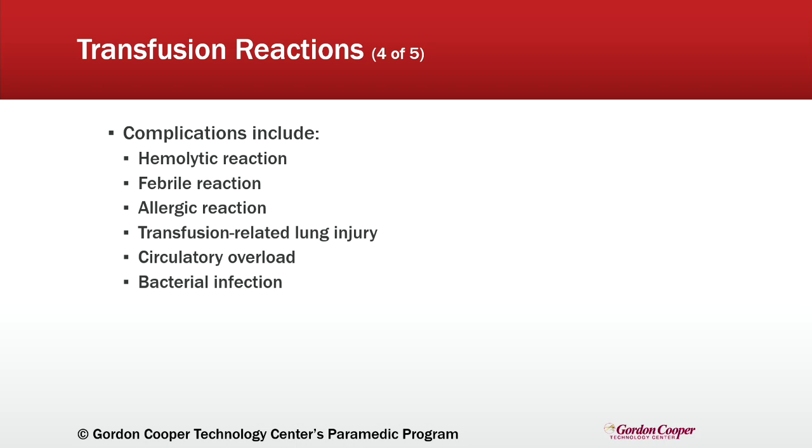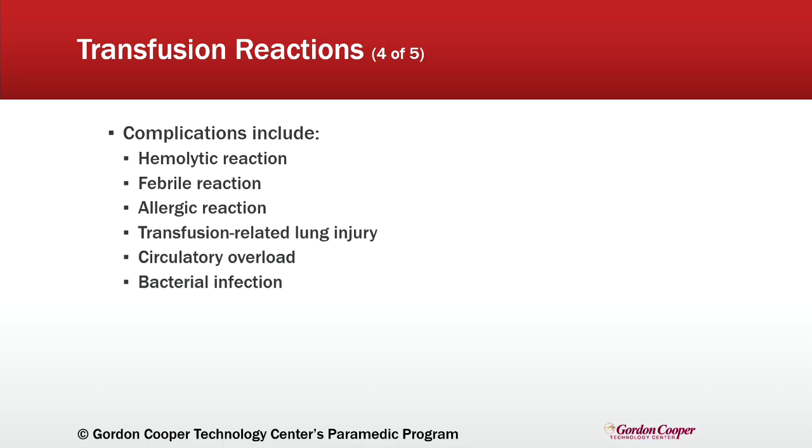Complications of transfusions can be categorized as follows. They may have a hemolytic reaction. This actually poses the greatest threat during blood transfusion. It's primarily caused by incompatibility between the recipient's and the donor's blood, and the recipient's immune system begins to attack the new red blood cells, destroying them.